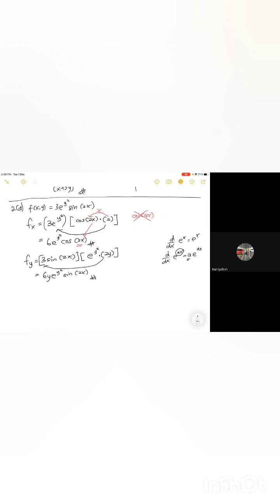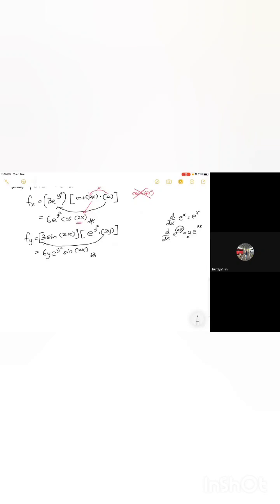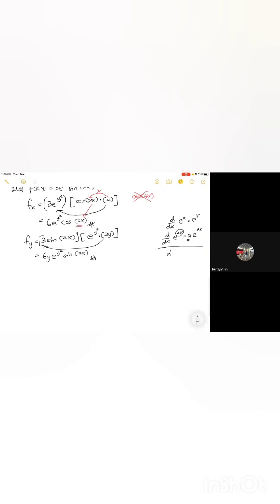Okay, so maybe some of you ask, why is it that the exponent, the y or the x, did not become 0? Sebab dia constant, kenapa dia tak jadi kosong? Okay, so let's look into the pattern here. d over dx, let's say you have a constant of 5, and d over dx, you have 5x.